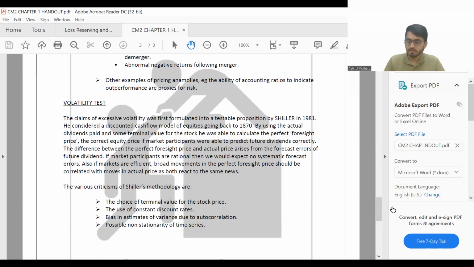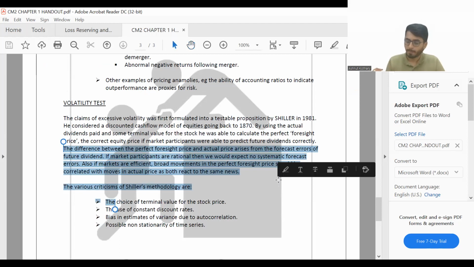The difference between the perfect foresight price and actual price arises from the forecast errors of future dividends. If market participants are rational, then we would expect no systematic forecast errors. Also, if markets are efficient, broad movements in the perfect foresight price should be correlated with moves in actual price, as both react to the same news.